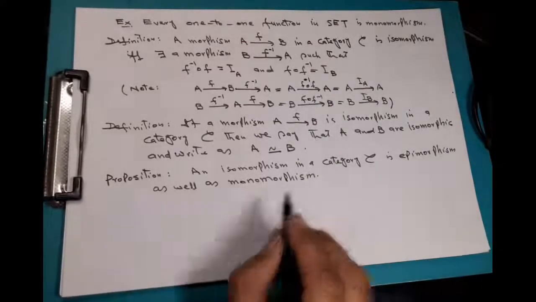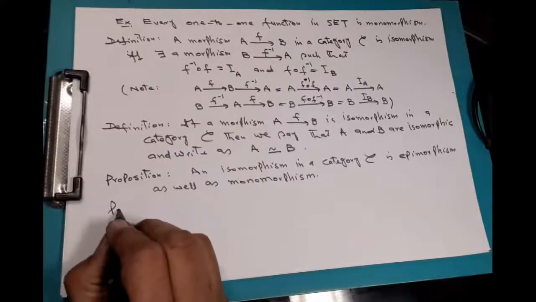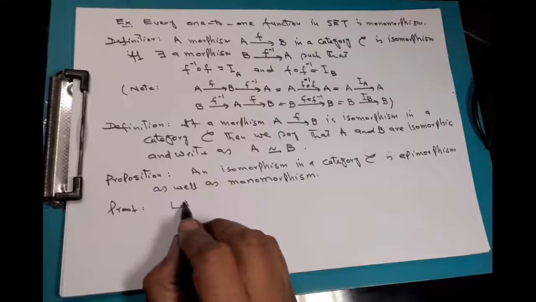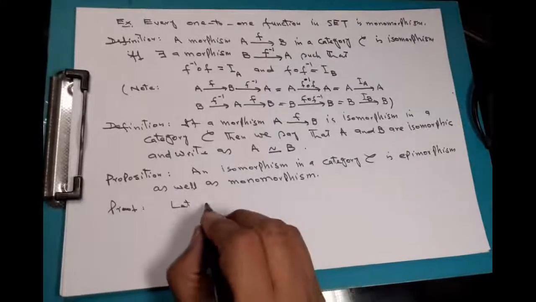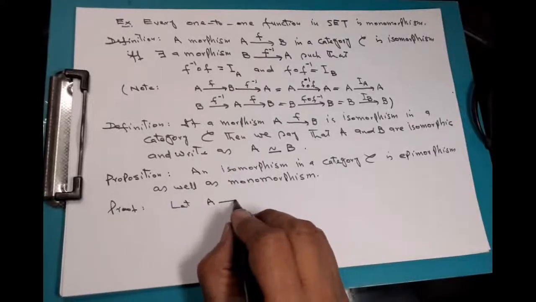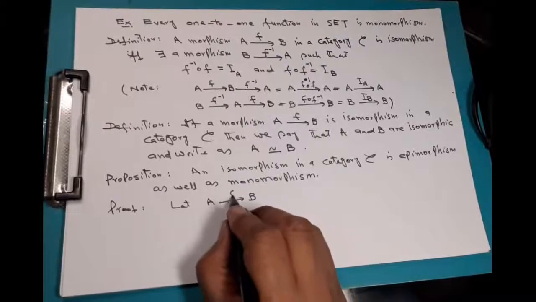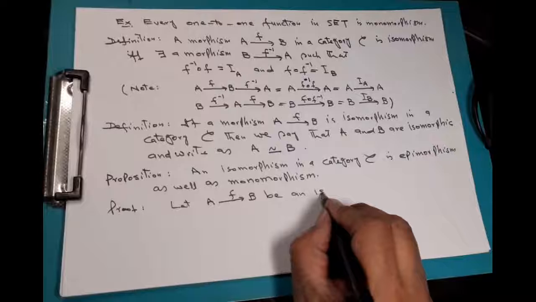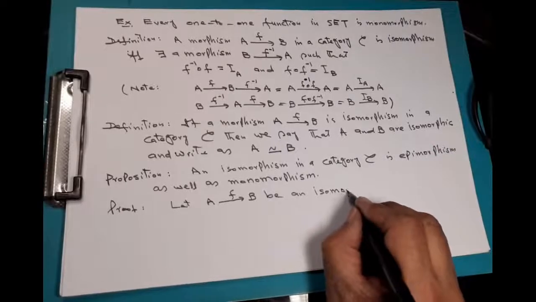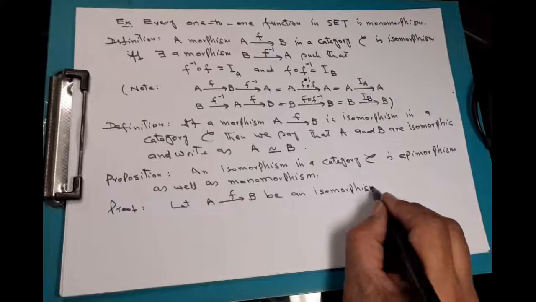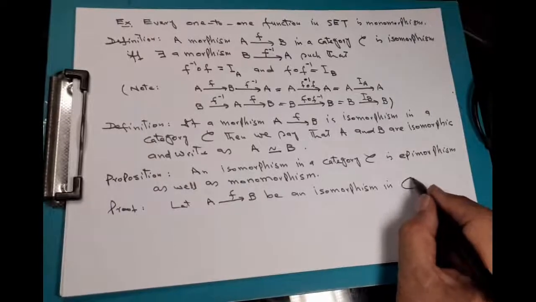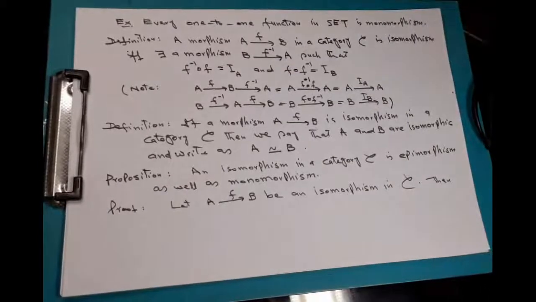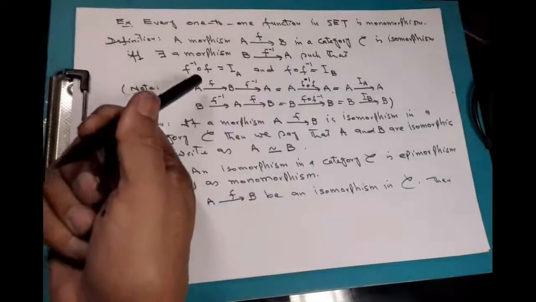Anyway, let's see how this proof goes. So let's prove that. Let's consider an isomorphism. So let A into B be an isomorphism in the category C. Then, by definition of isomorphism, we have just defined what isomorphism is.